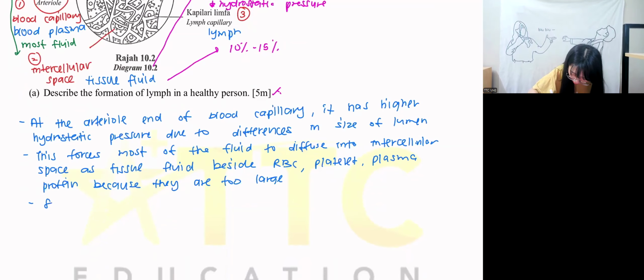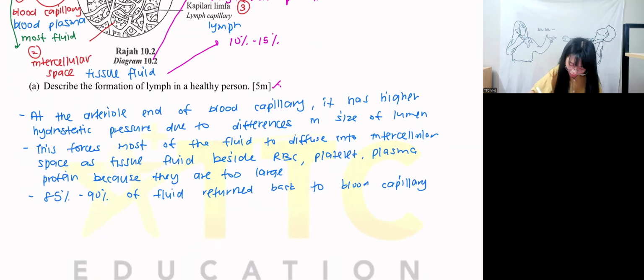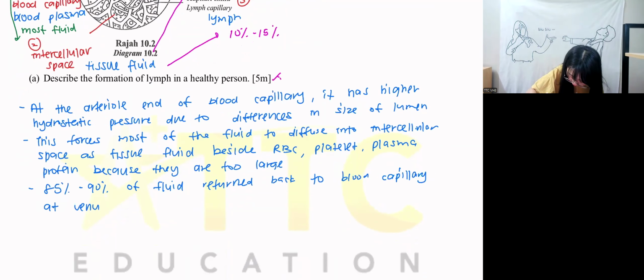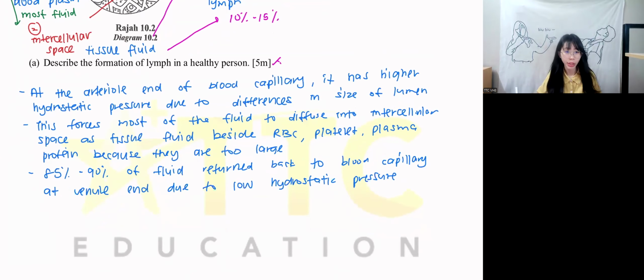Okay, next, 85 to 90% of fluid returned back to blood capillary at venous end due to low hydrostatic pressure.